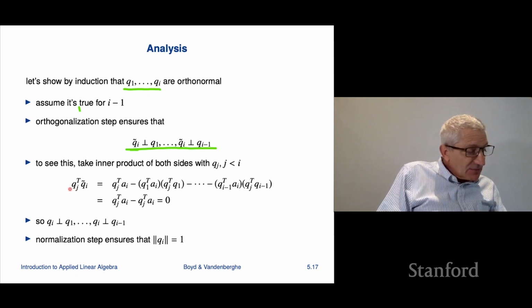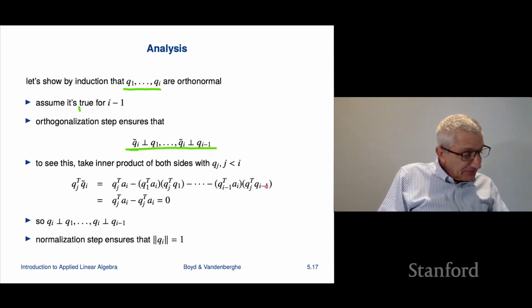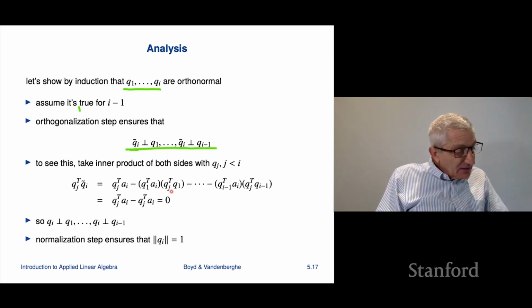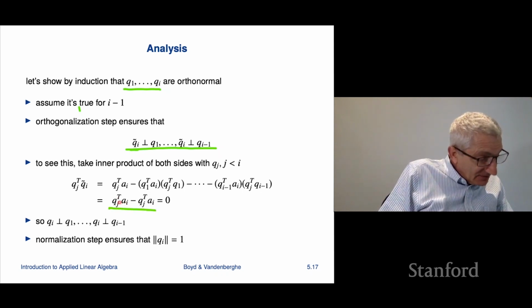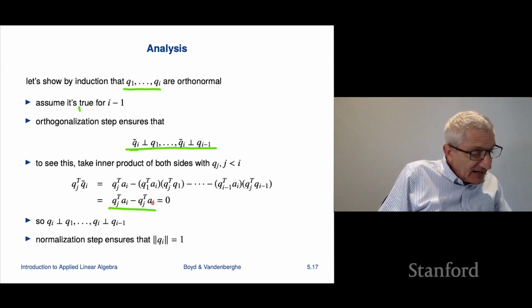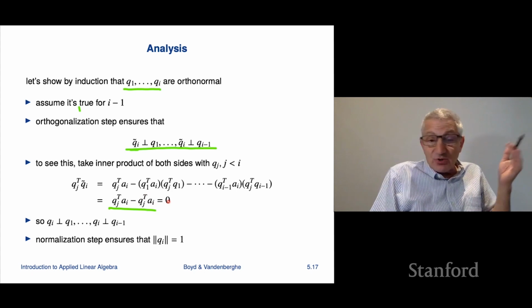To see that, all we do is take an inner product with Qj. So Qj transpose Qi tilde, I'm just going to work it out and see what we get. Terms like Qj transpose Q1 are going to be 0. The only one that survives is Qj transpose Ai, and then again Qj transpose Ai, and when you subtract them, you get 0. So it's orthogonal.